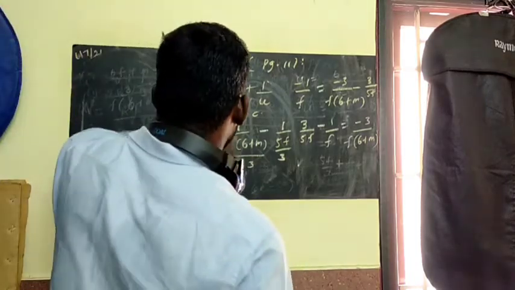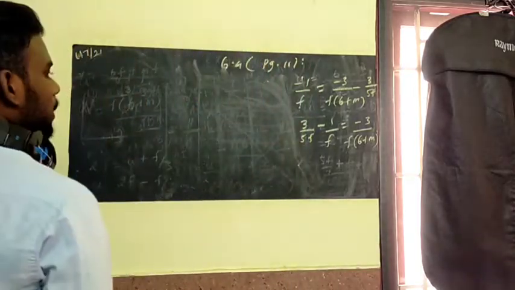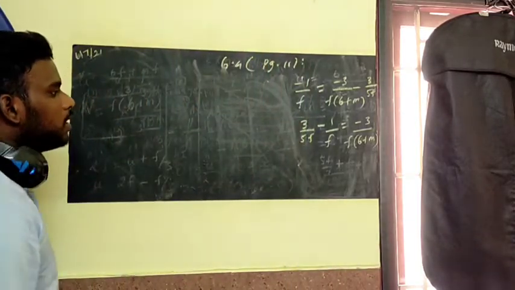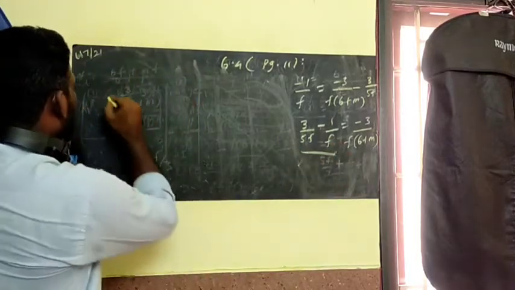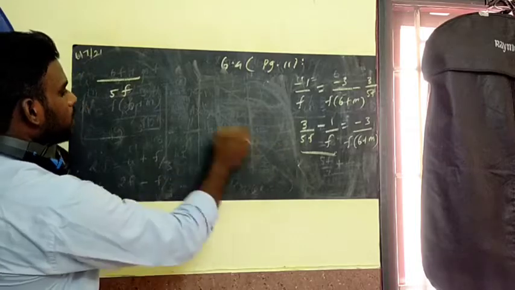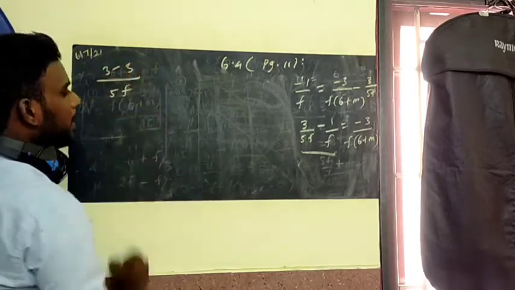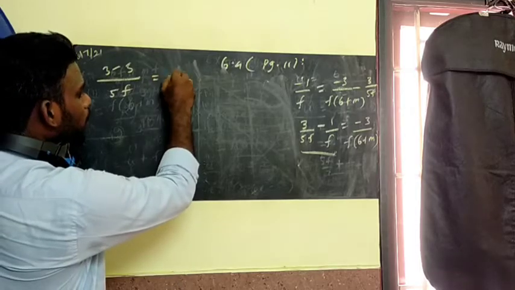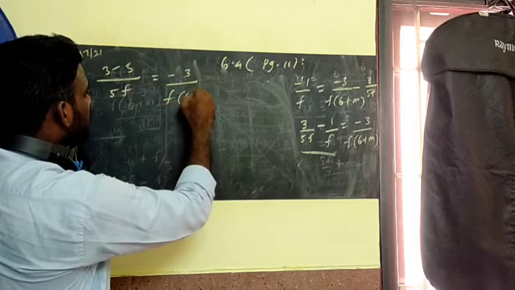Taking the LCM on this side, 5f will be the LCM. That is 3 minus 5, equal to minus 3 divided by f into (6 plus m).